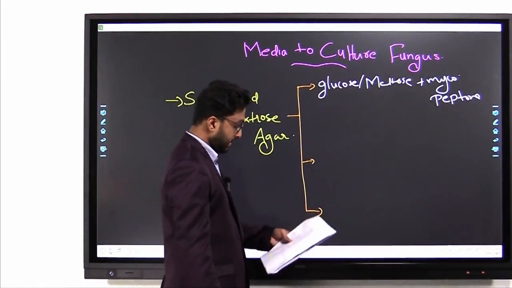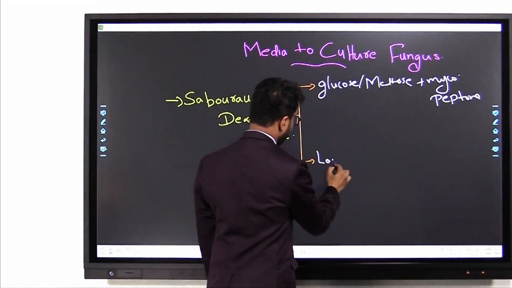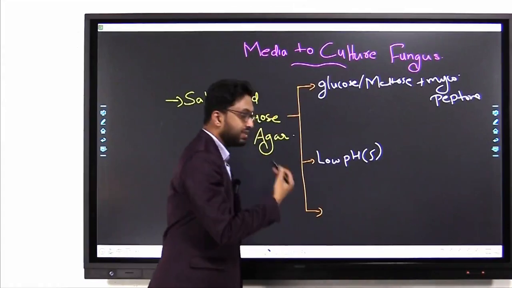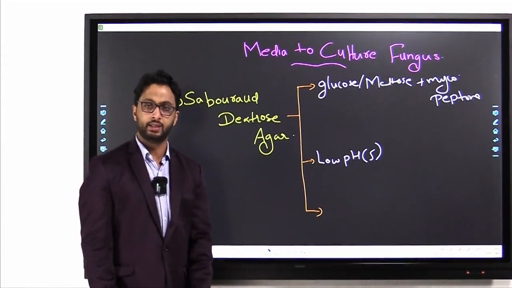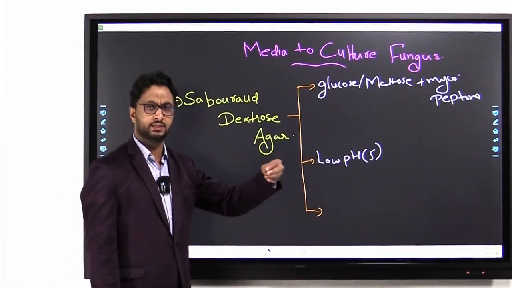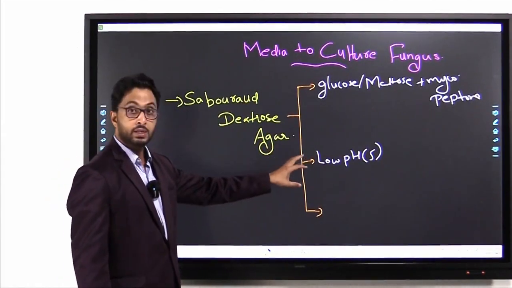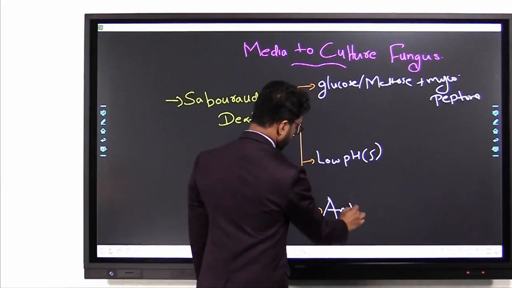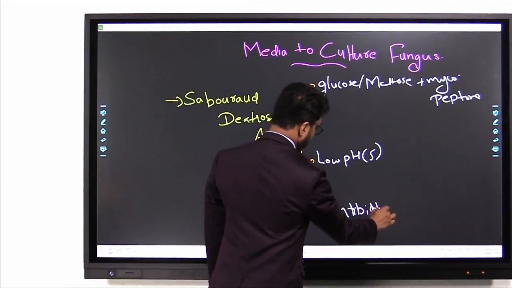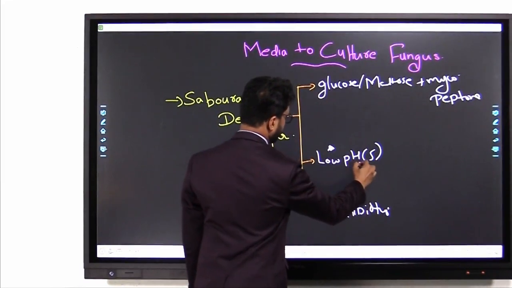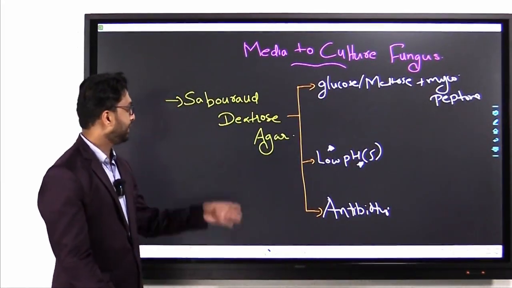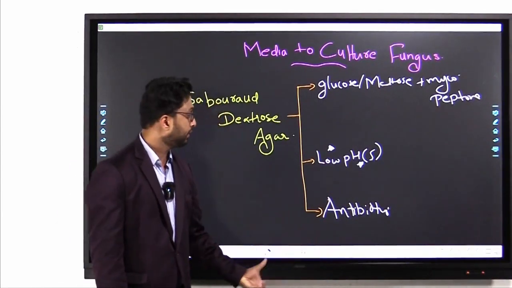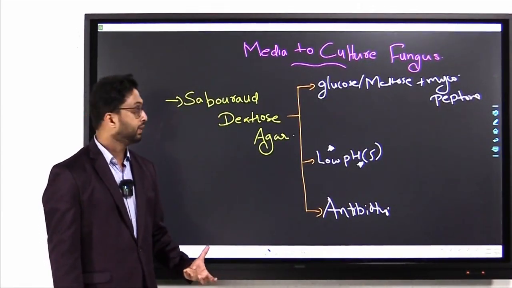But more importantly, it has a very low pH, which is 5, which itself is very much antibacterial. Bacteria cannot survive at low pH; they need somewhere in the range of 7. So low pH is antibacterial, and some also contain antibiotics. I'm expecting this as a question, if at all. Usually they'll ask what's the media used. So it's low pH, which is antibacterial. Okay, that's enough.